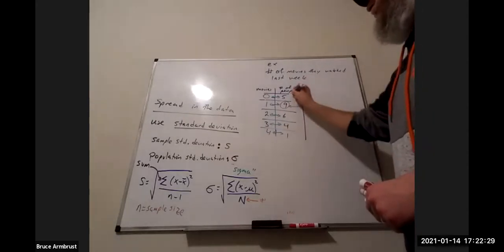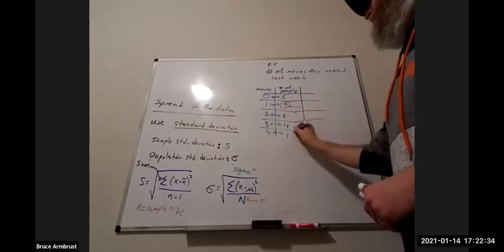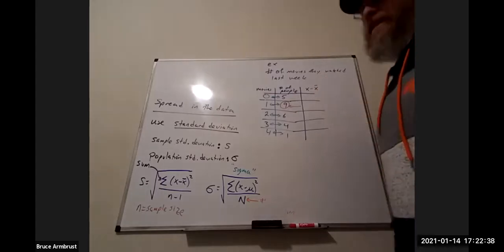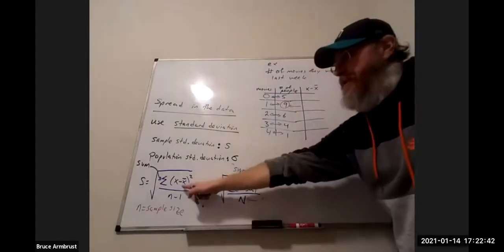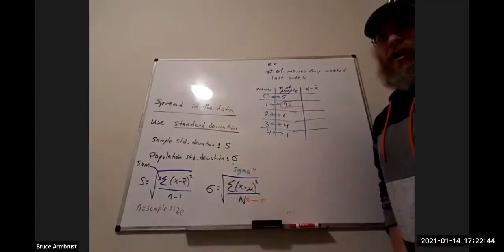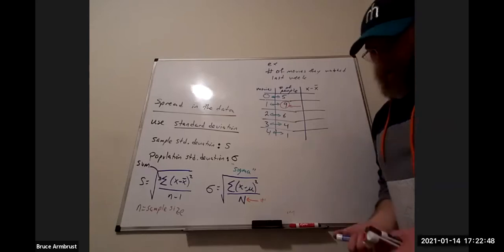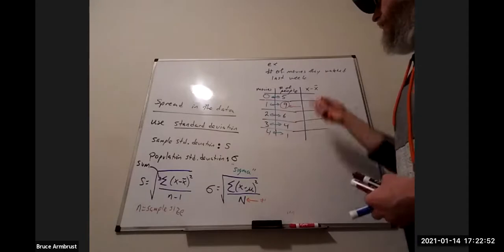So that it has what's useful for standard deviation. So it's great knowing the number of movies and all that, but I also want to know x minus x bar. I need to know that number so that I can calculate my standard deviation. Okay, so x bar, that was the mean, and we already calculated that.